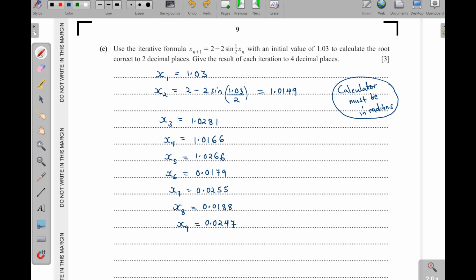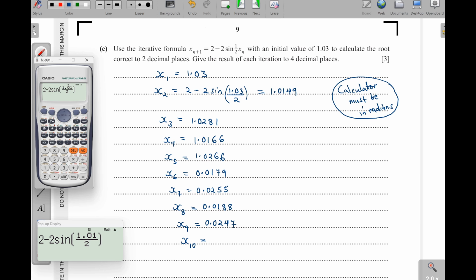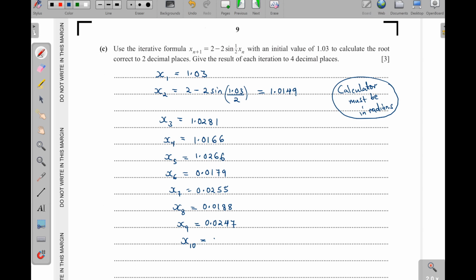Okay, so this last one has to confirm. We have 1.0247, and that one is 1.0195. All of these three give me 1.02 to two decimal places.